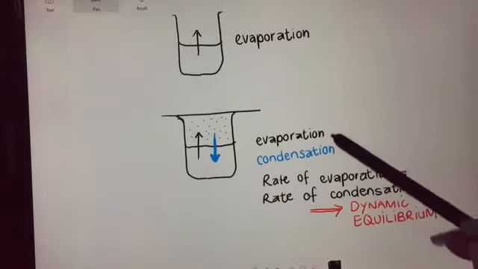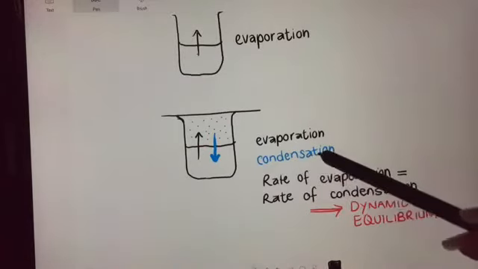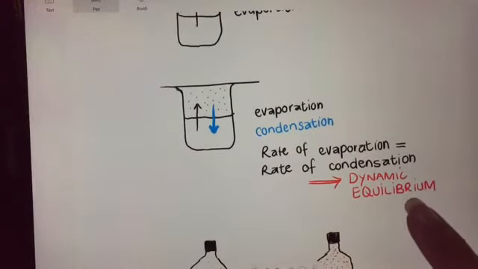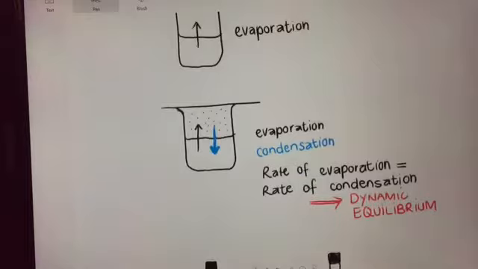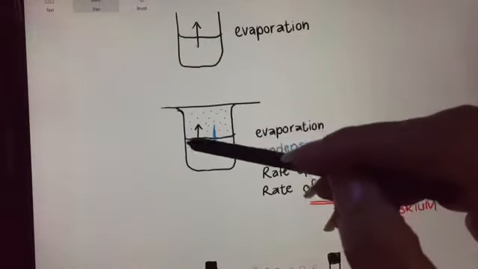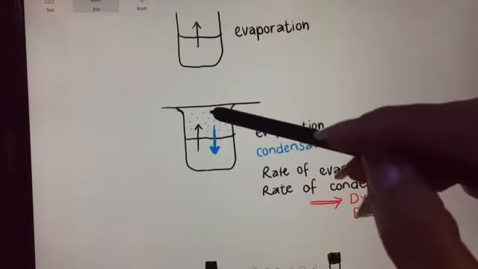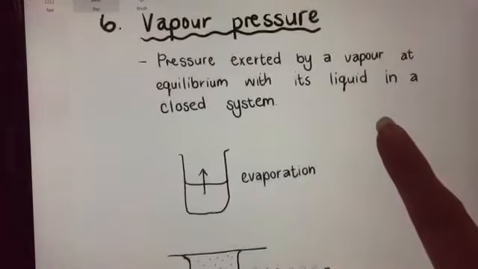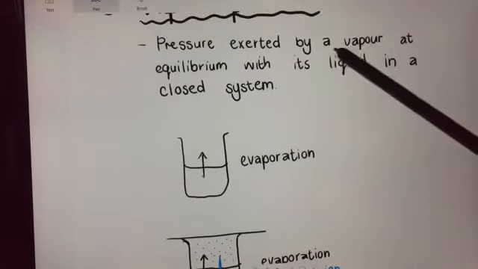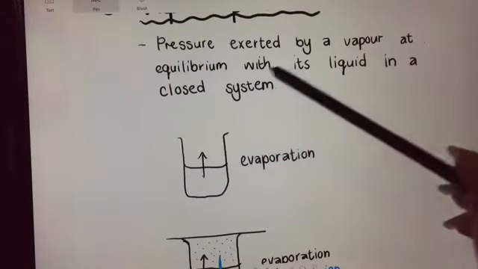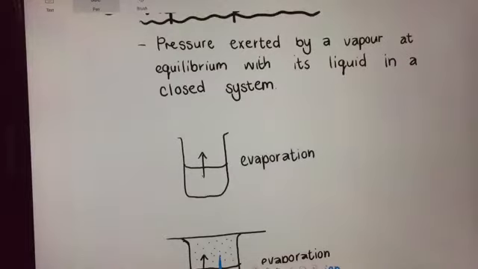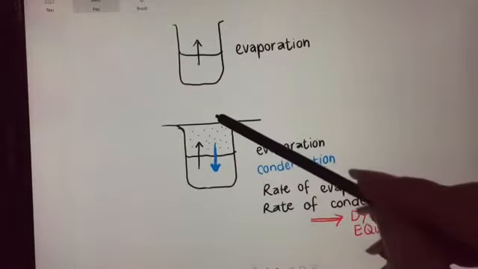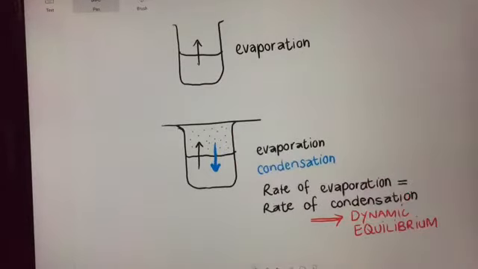Eventually, we'll reach a stage where the rate of evaporation is equal to the rate of condensation, and we describe this as dynamic equilibrium. So the gas in the space over here also exerts a pressure on the liquid. Going back to our definition, the pressure exerted by a vapor at equilibrium with its liquid in a closed system. That's explained quite nicely there. So those gas particles exert a vapor pressure.